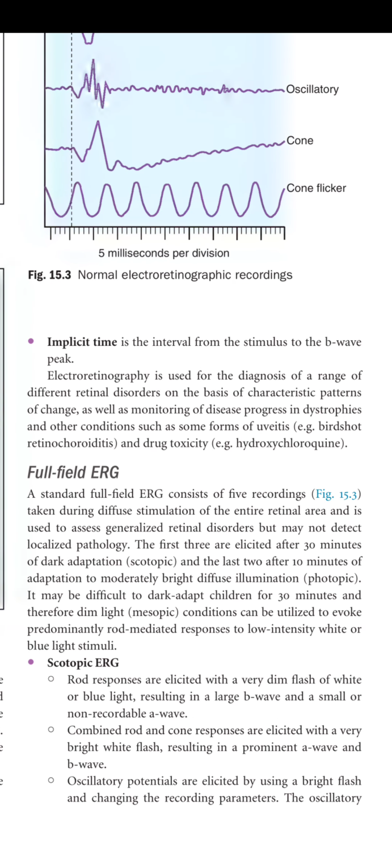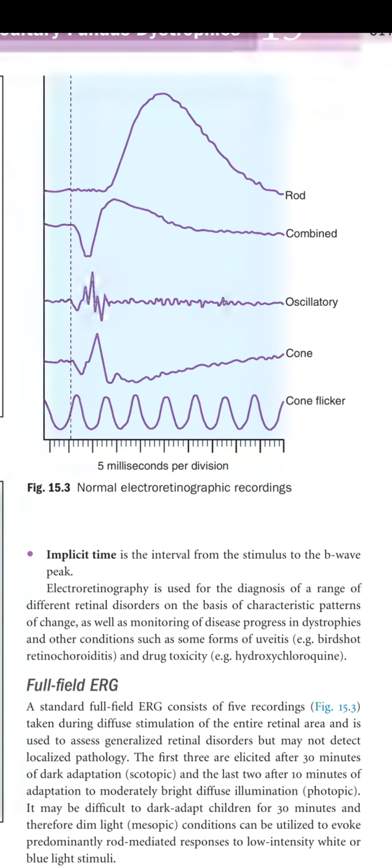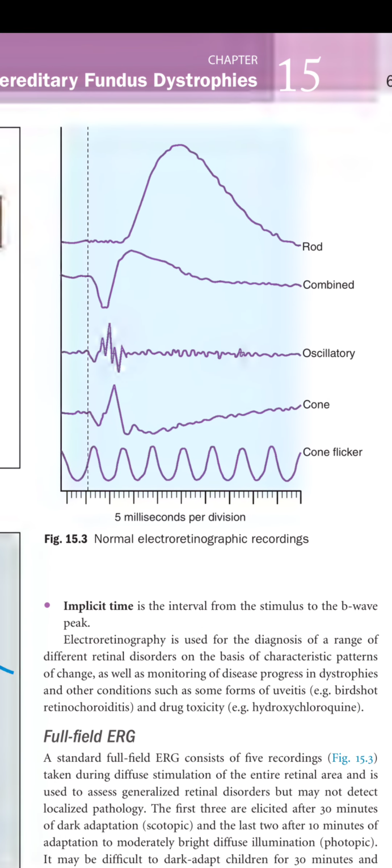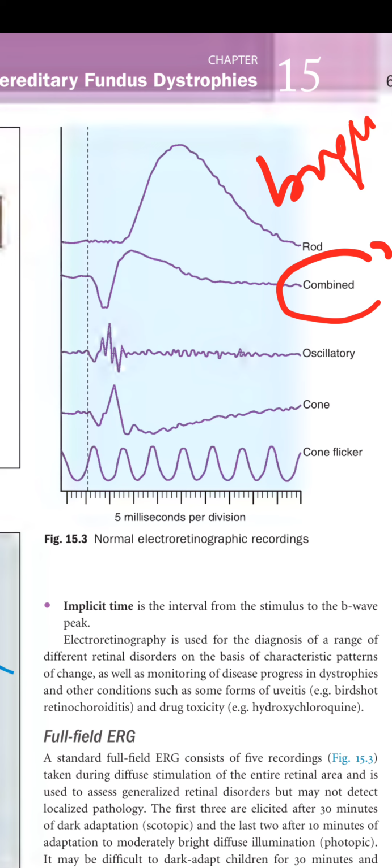Combined rod and cone responses are elicited with a very bright white flash, resulting in a prominent A wave and B wave. So the second is the combined response, where after dark adaptation we give a very bright white stimulus, and it results in an A wave as well as a B wave.